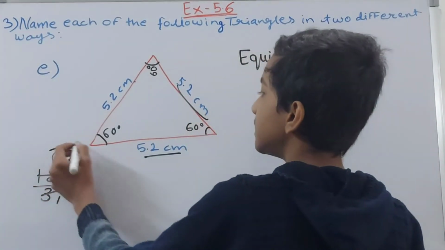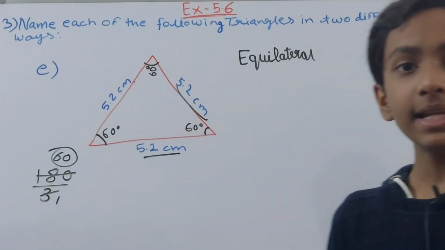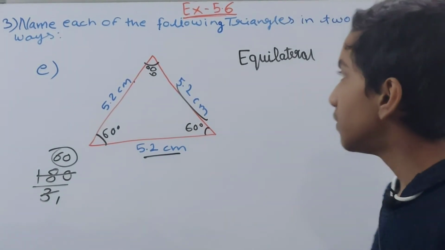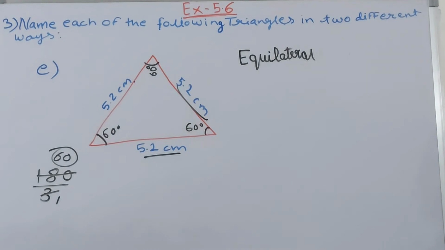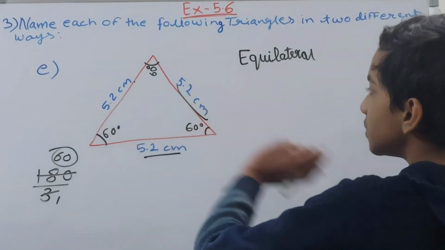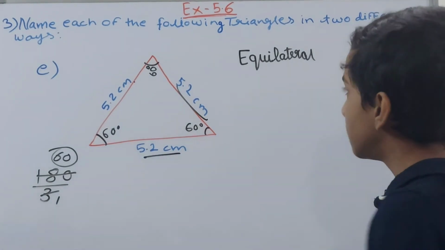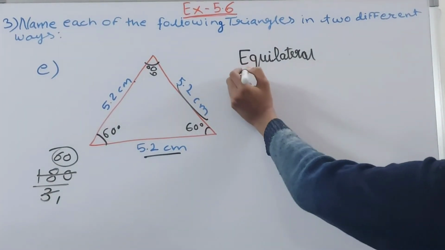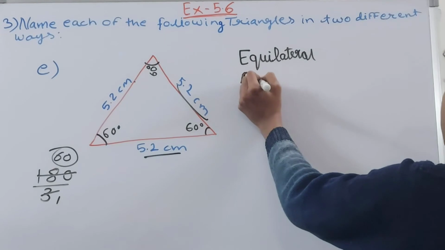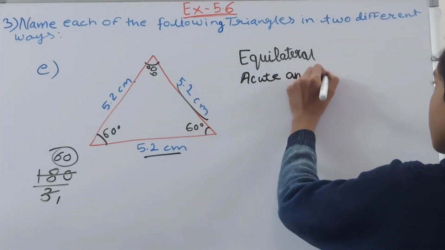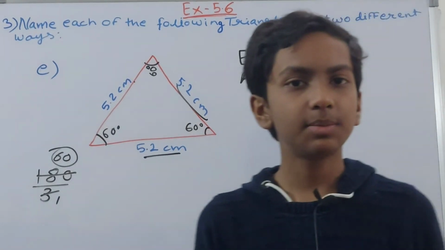So 60 is the measure of one angle in an equilateral triangle only, not in an isosceles or a scalene. That means all the angles measure 60 degrees, which is an acute angle, right? So this triangle will be acute angled. Okay, let's move on to the next part.